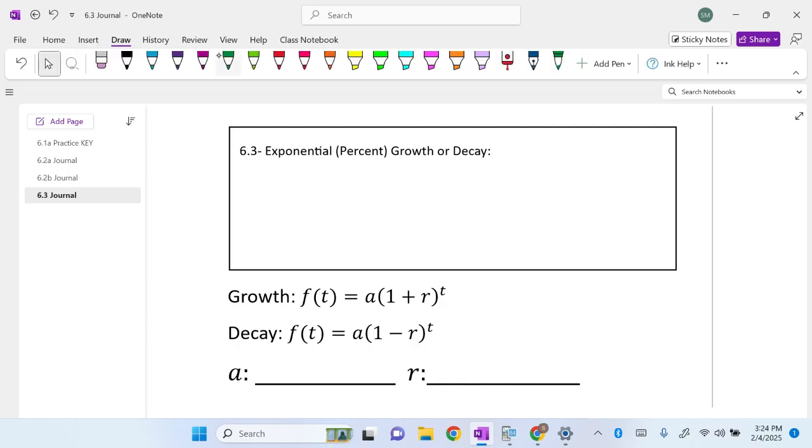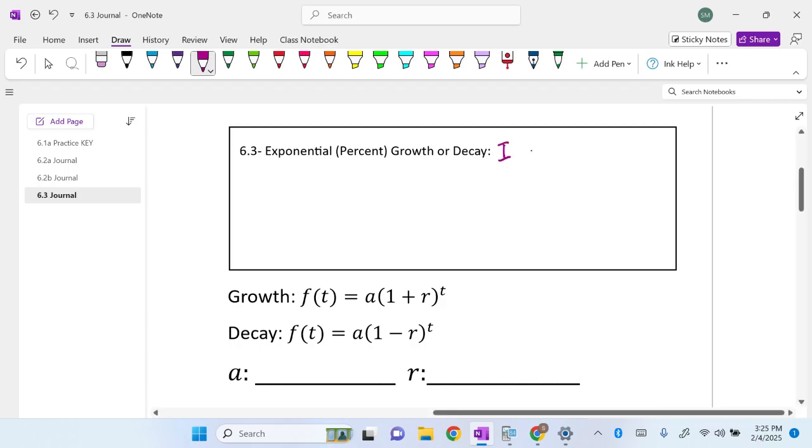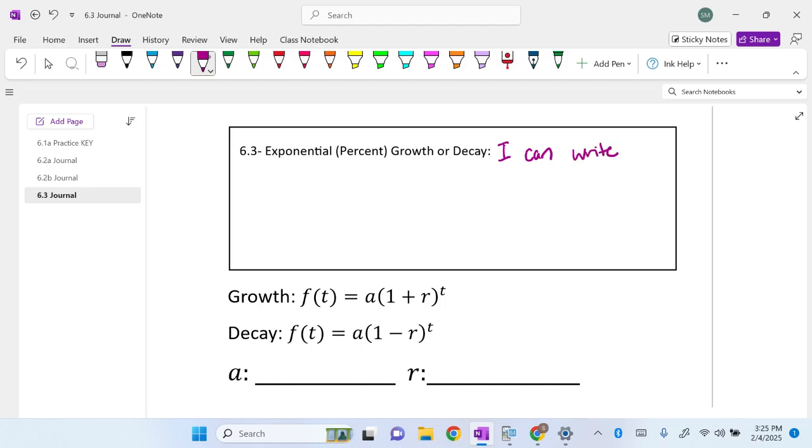So we first start with our I can statement, which is: I can write an exponential growth or decay equation given a word problem.